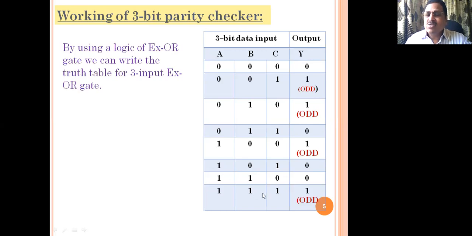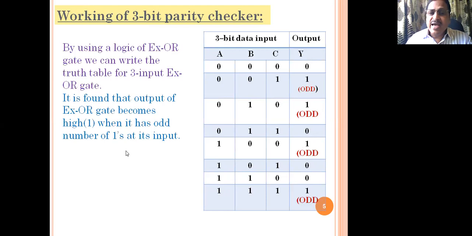Here 3 times. So wherever you find binary bit 1 appears an odd number of times, 1 time and 3 times, there we have the output as 1. So your output becomes high when the number of ones present in the input is odd.